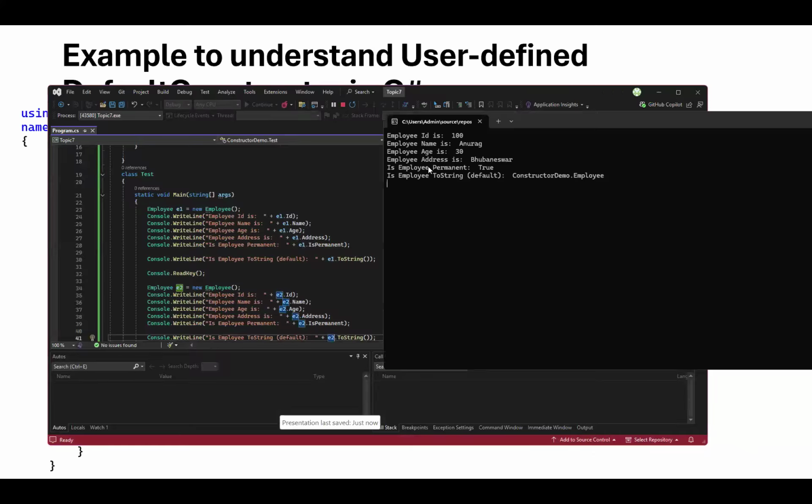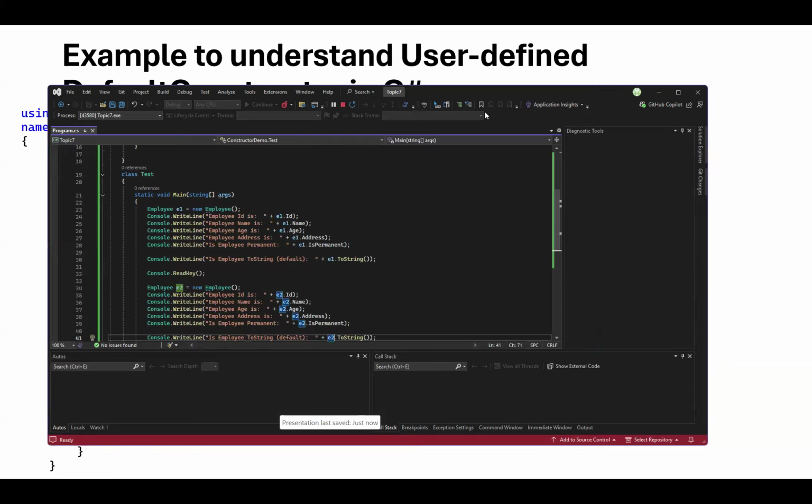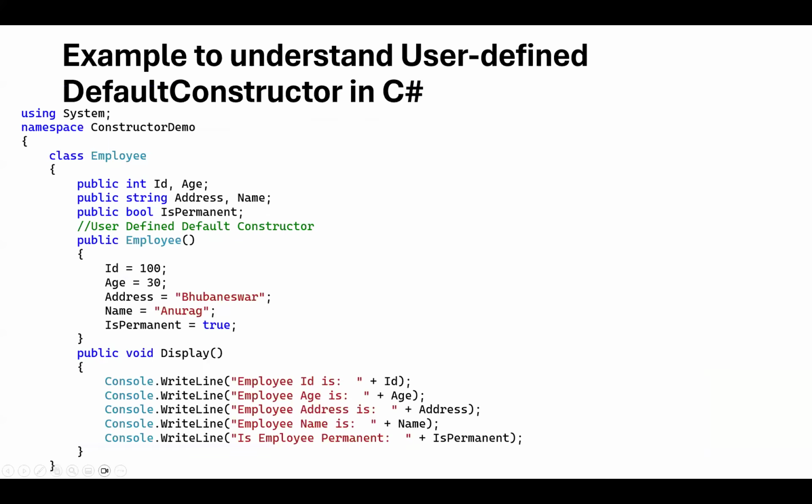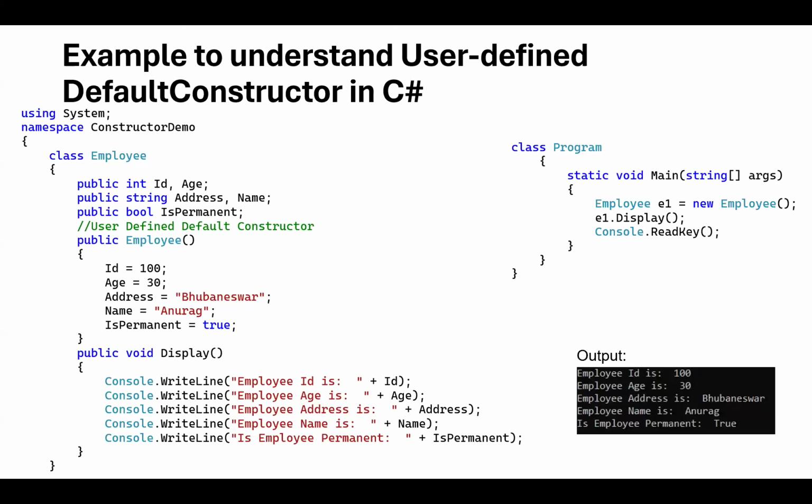So we have the first employee and we have the second employee, but the value is the same. Why? Because we set it in our own constructor. Next, run and result.